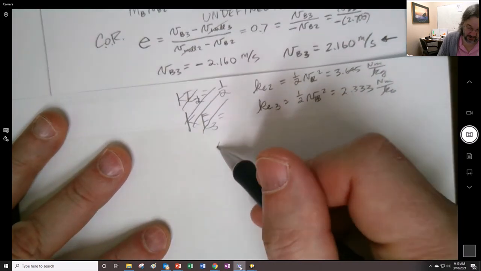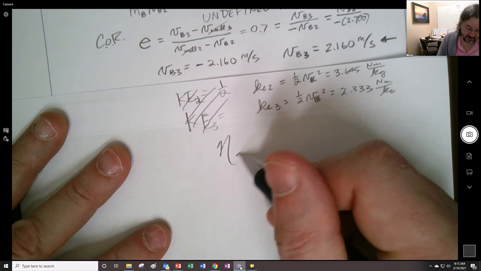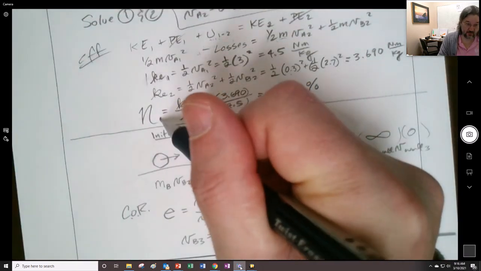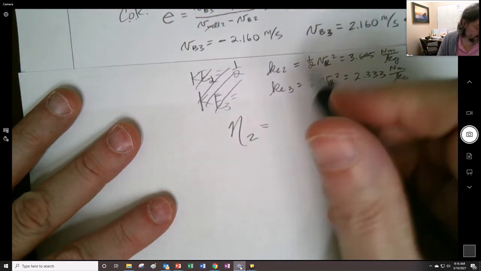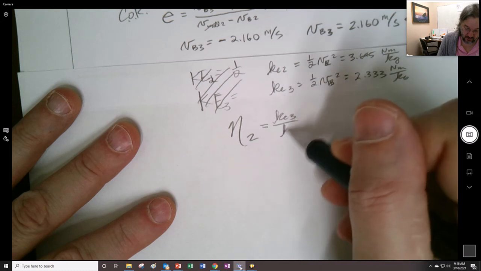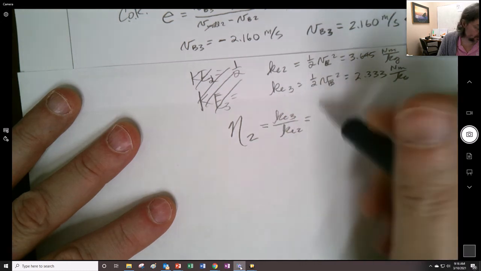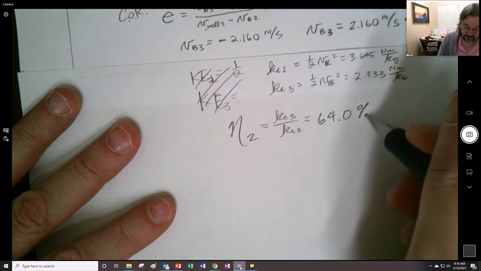So our efficiency of the second one that we had, maybe we could call this one efficiency 1, and here's efficiency 2 of the next thing that we're going to have. It's going to have the output KE3 over KE2, and it comes out to 64.0%.